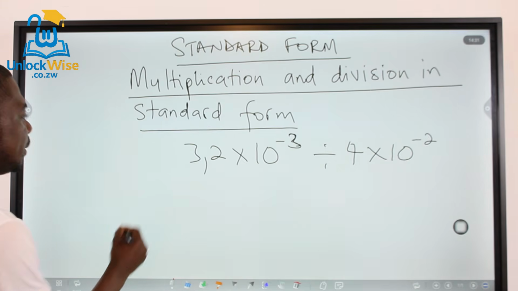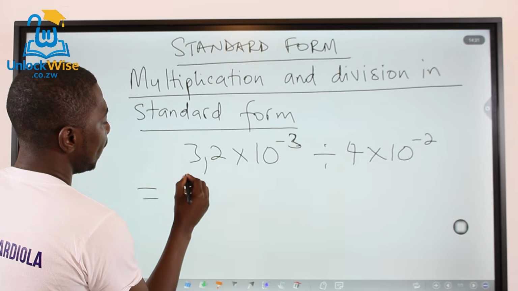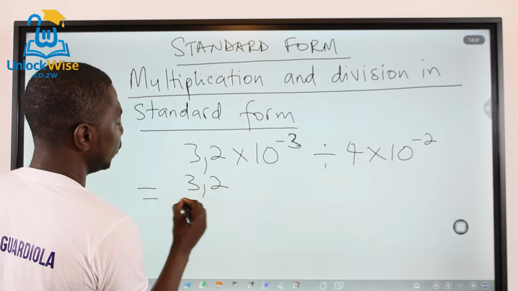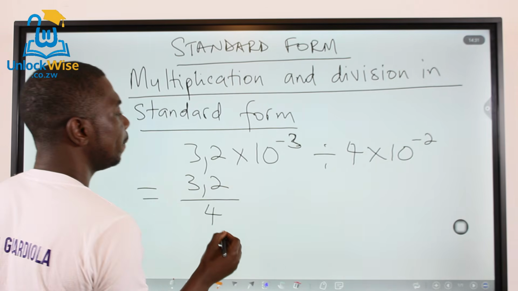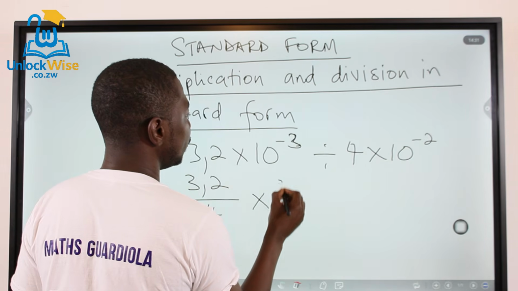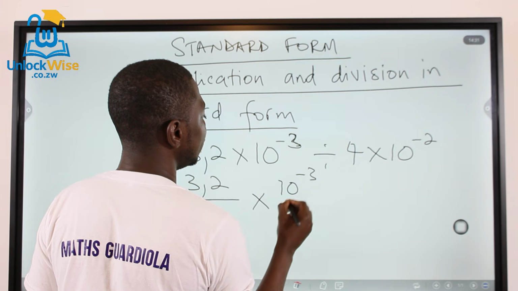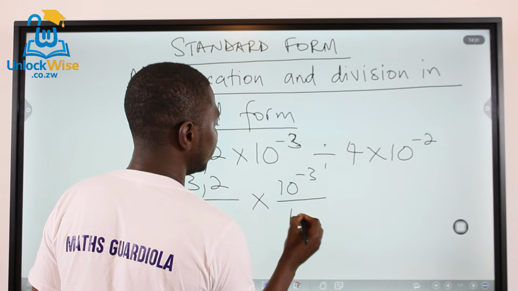So what happens is our numbers are going to divide each other and our powers of 10 are going to divide each other as well.